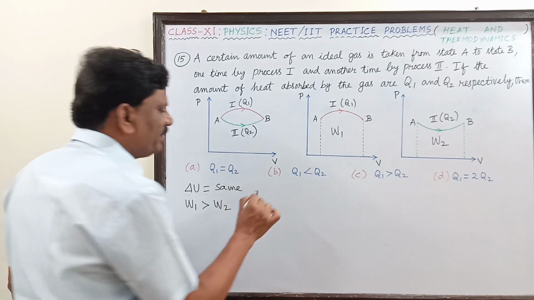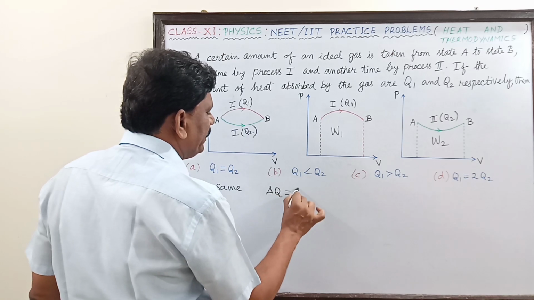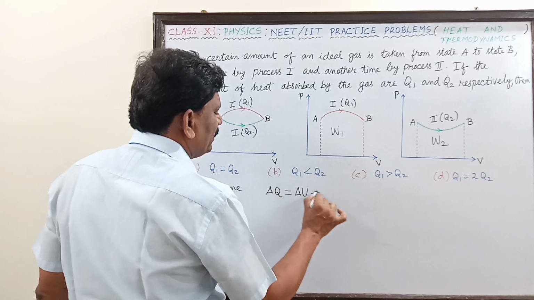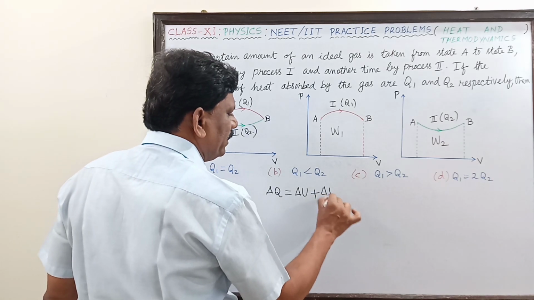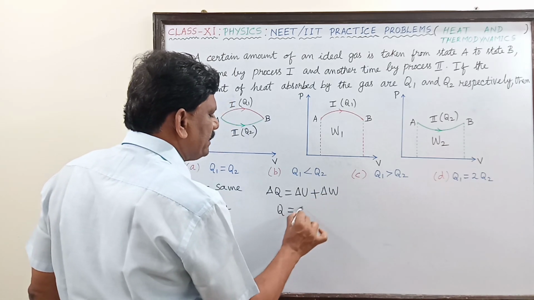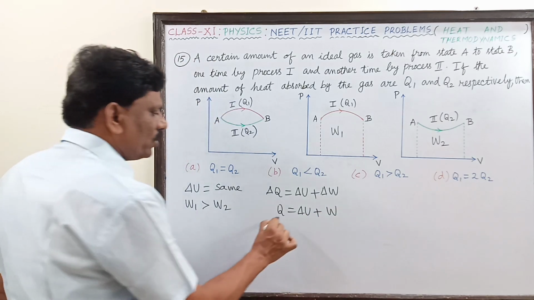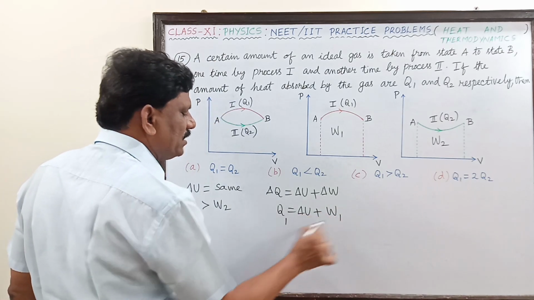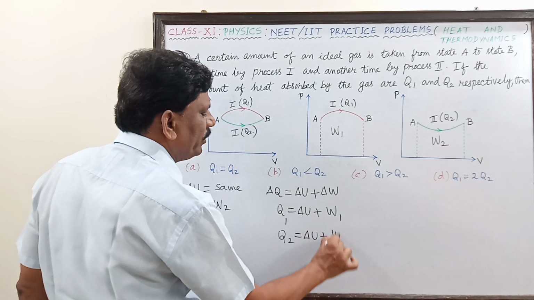So from the first law of thermodynamics we can write delta Q is equal to the change in the internal energy delta U plus work done. So you can also write Q is equal to delta U plus work done. So Q1 is equal to delta U plus W1 and Q2 is equal to delta U plus W2.